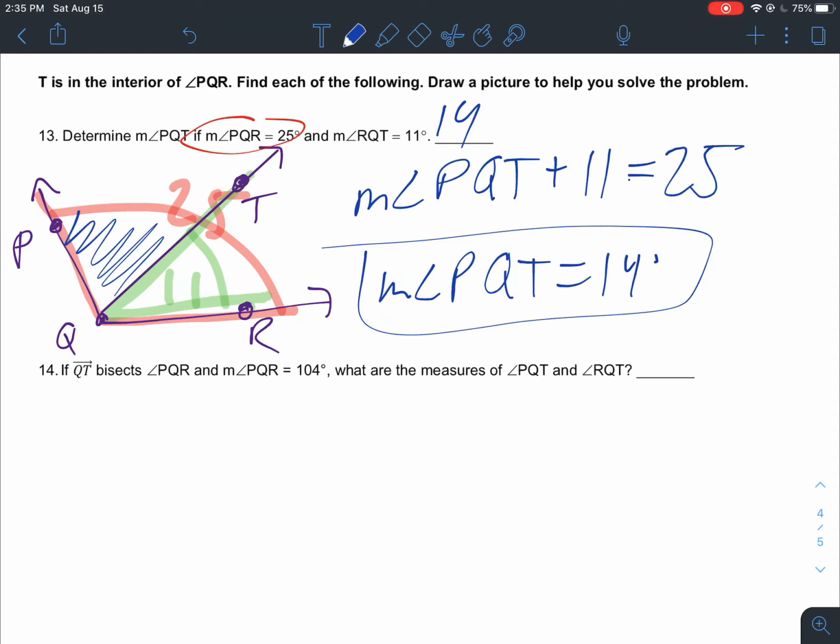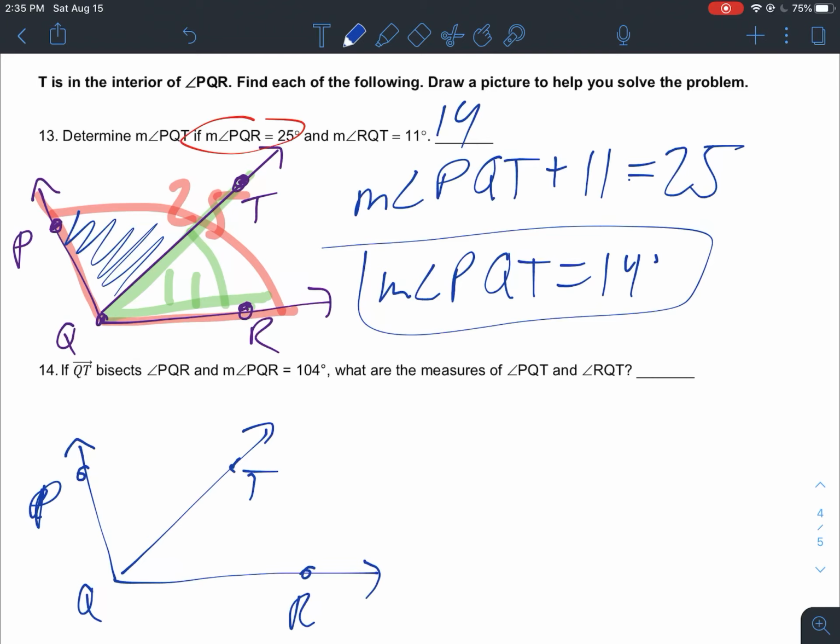Okay, number 14. Same picture as the last one because we still know T is in the interior of PQR. So I'm just going to draw that same picture. And this time it says PQR, this big angle, is 104.